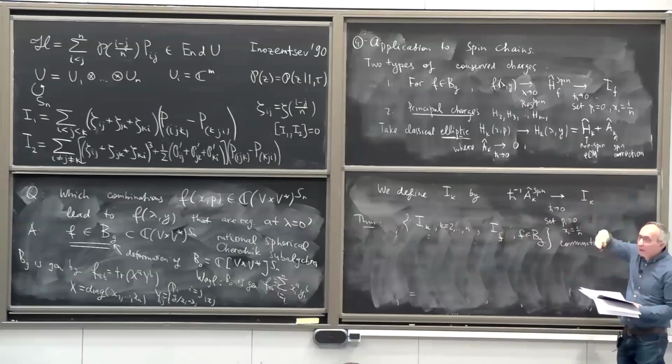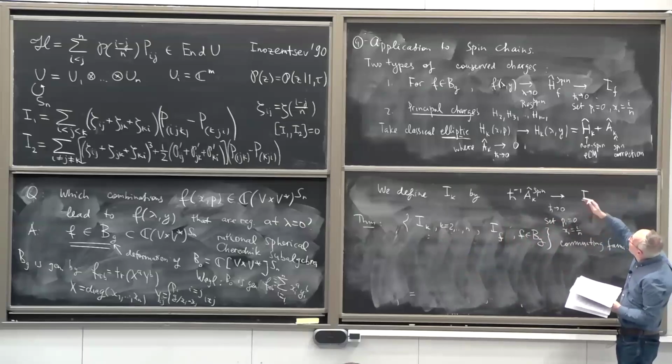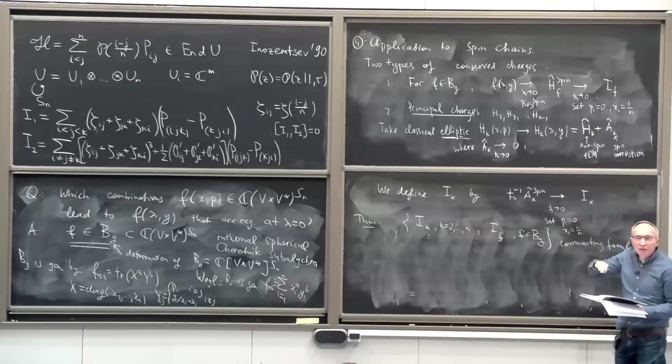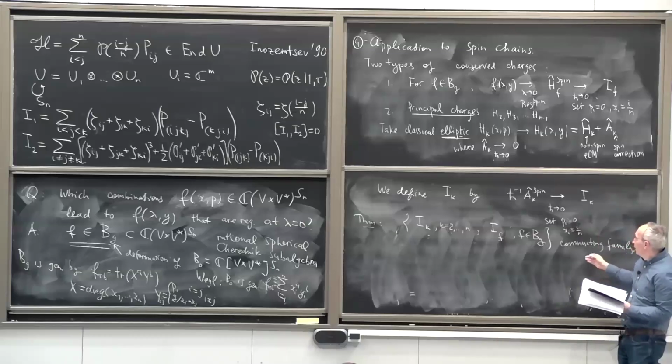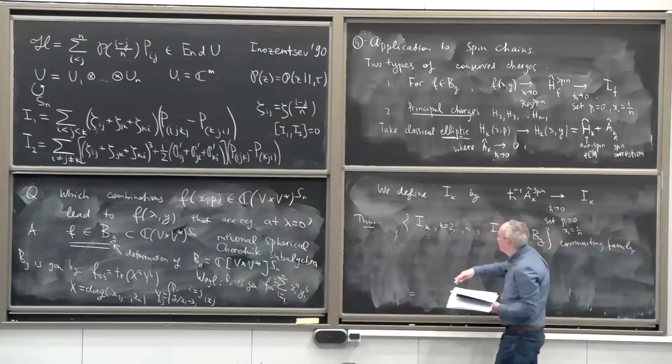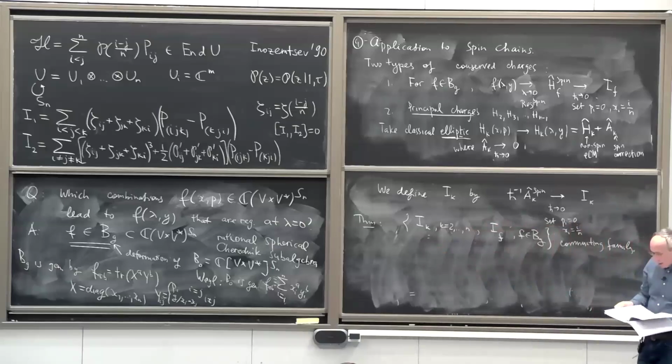So somehow all the dependence on lambda disappears, and you get just a symmetric combination of trigonometric Dunkl operators. So that's how this interacts with their work.